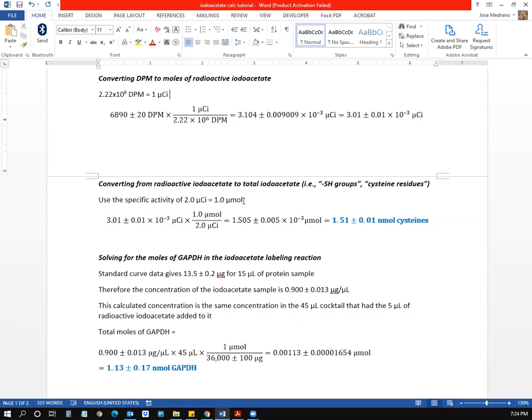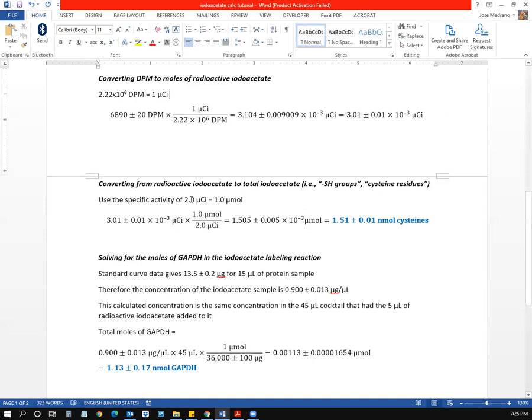And if we don't have to deal with as much radioactivity, we're not going to. One of the basic principles of working with radioactivity is the acronym ALARA, which stands for as low as reasonably achievable. So if there's a way that we can do this experiment without having to use pure radioactive iodoacetate, then of course we'll go ahead and do that.